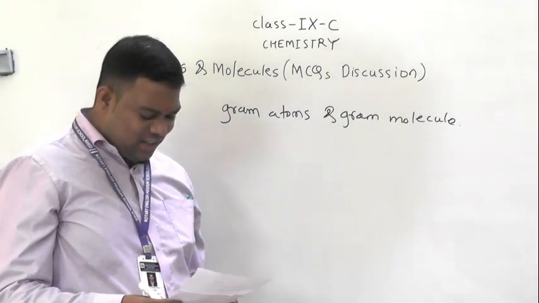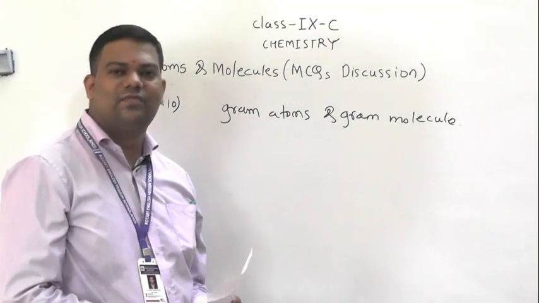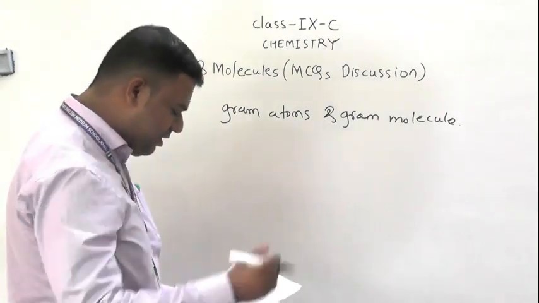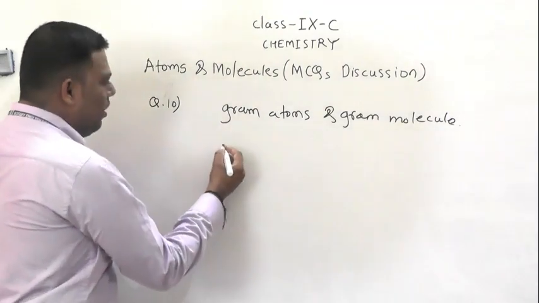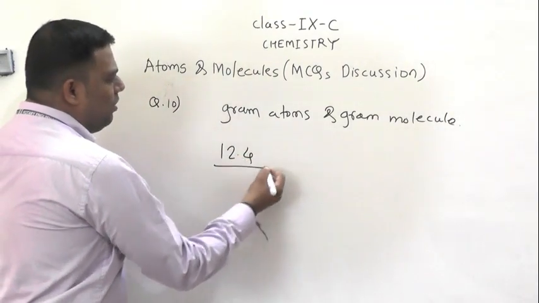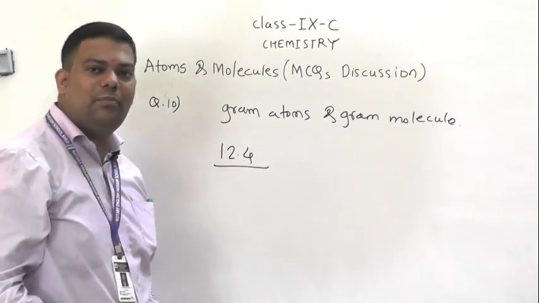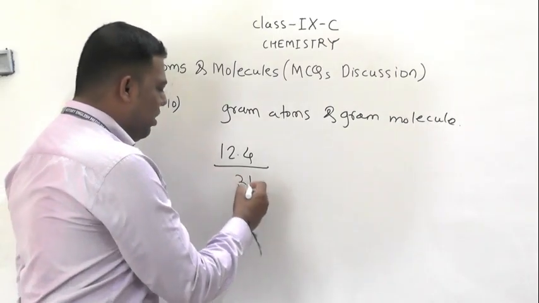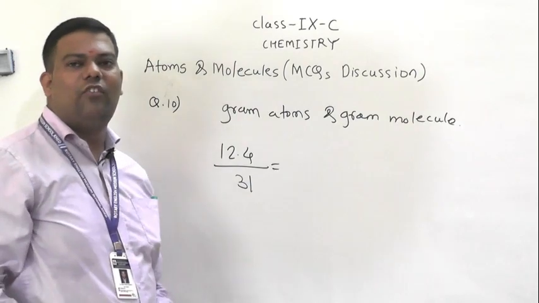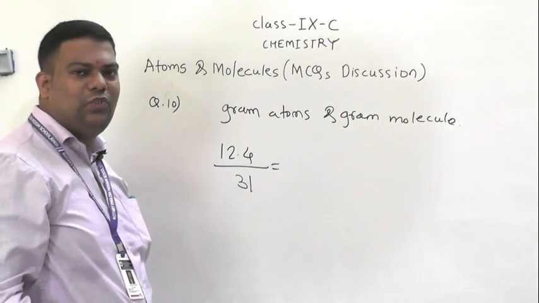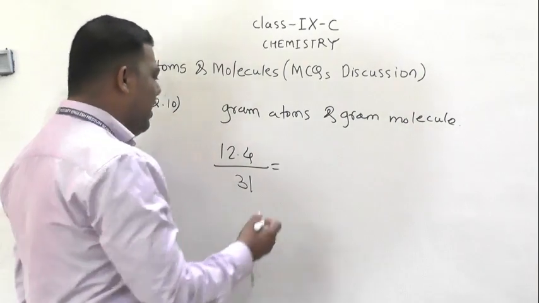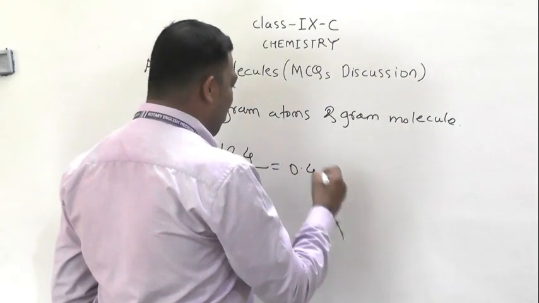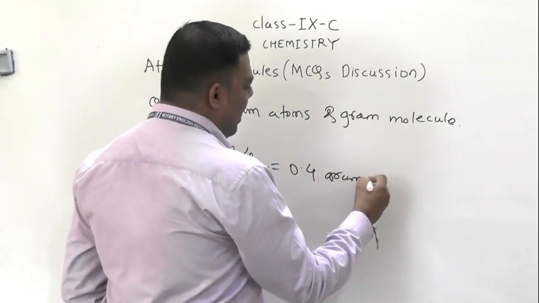For the number of gram atoms: 12.4, and the atomic mass of phosphorus is 31. After solving this, you get 0.4 gram atom.